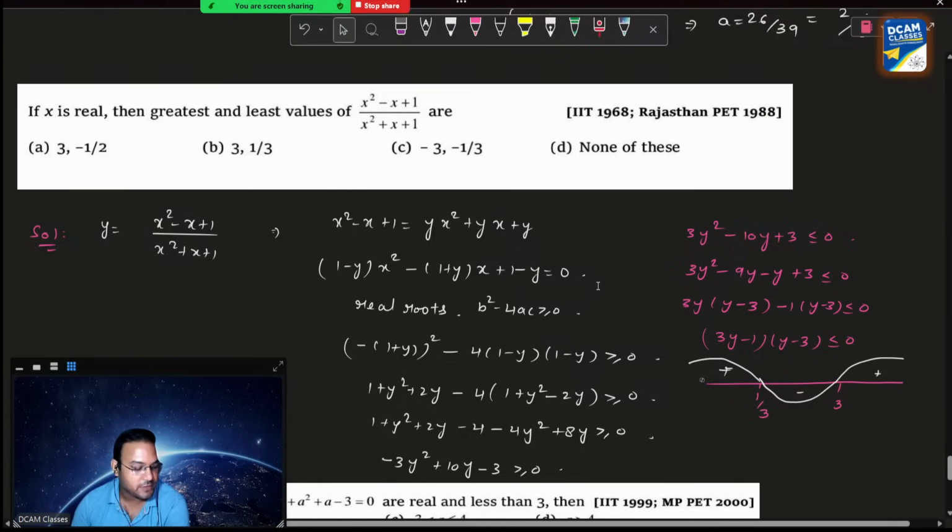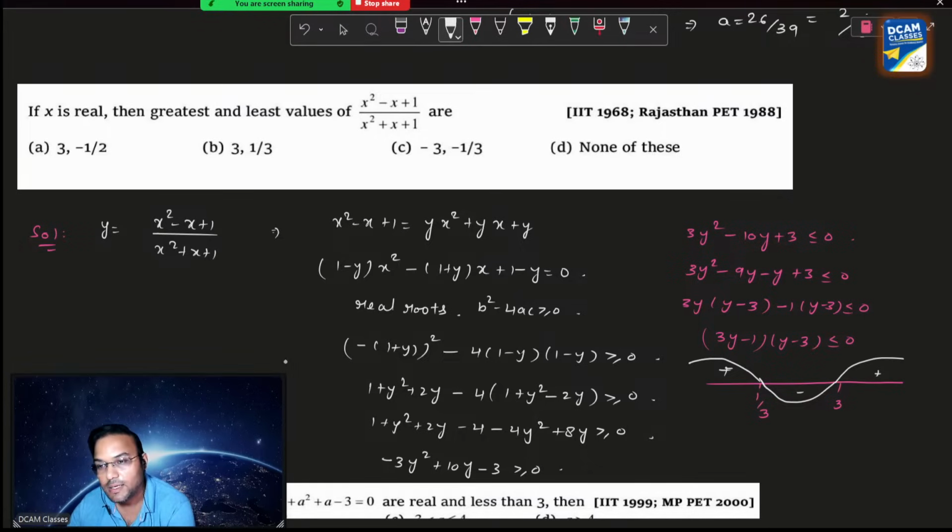This method, wavy curve method? Yes, sir. So the y value will lie between 1 by 3 and 3. We have got the answer actually. B. Let's check it. B only.